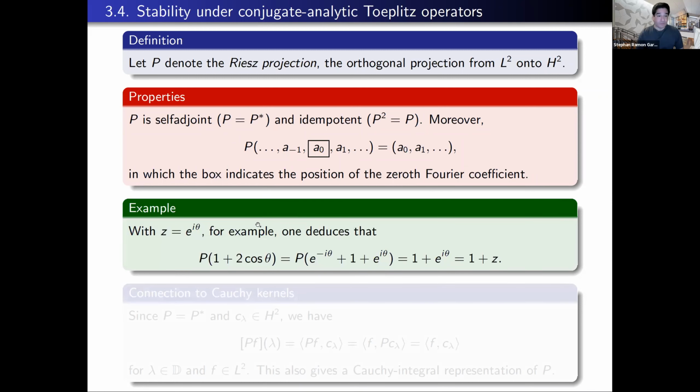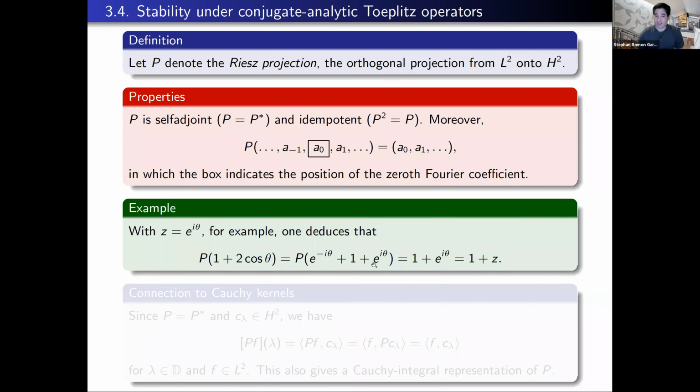Here's an example. We start with e to the i theta, and we're going to identify that with z, a complex variable on the unit circle. If I have this L2 function, 1 plus 2 cosine theta, and I want to project that into H2 and find out what I get, I do it this way. 2 cosine theta is e to the i theta plus e to the minus i theta, that is, z plus z bar.